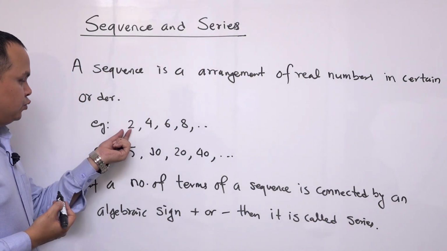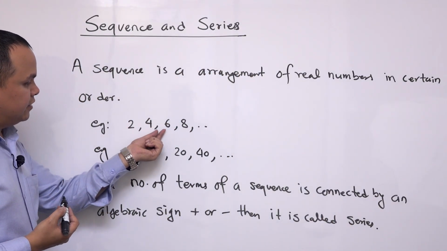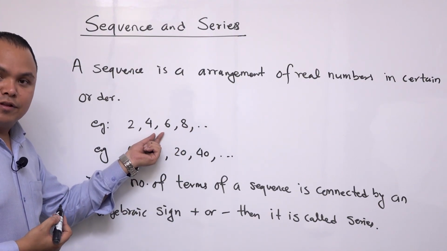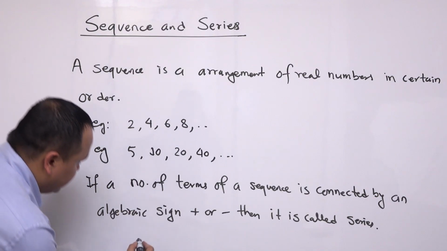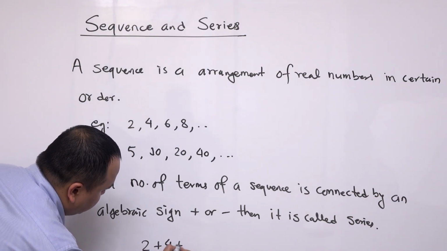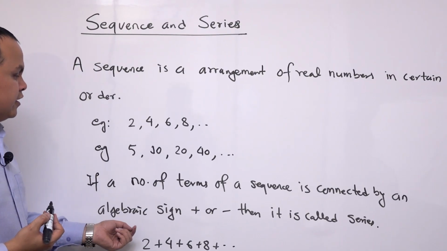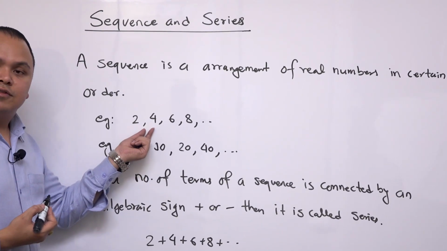Here 2, 4, 6, 8 is an example of sequence. Similarly, 2 plus 4 plus 6 plus 8 plus is the corresponding series of the above sequence.